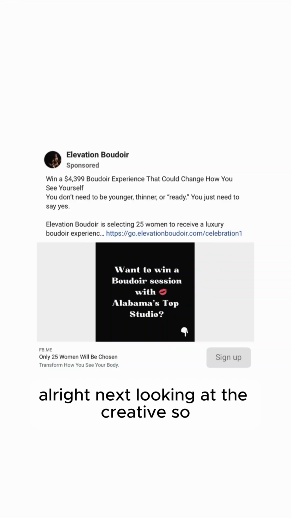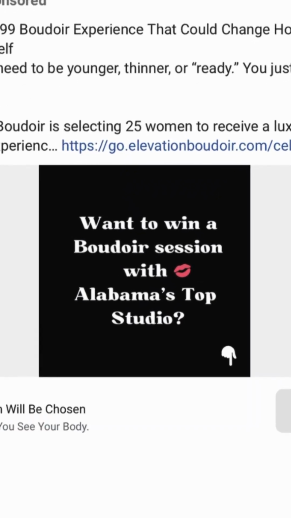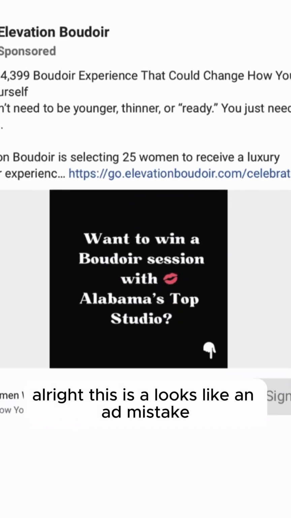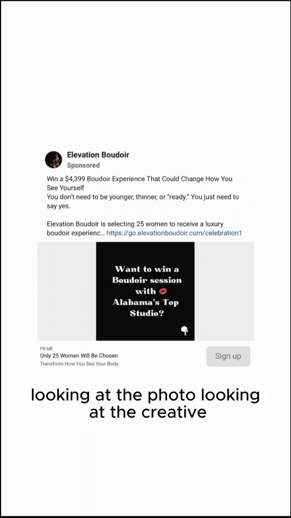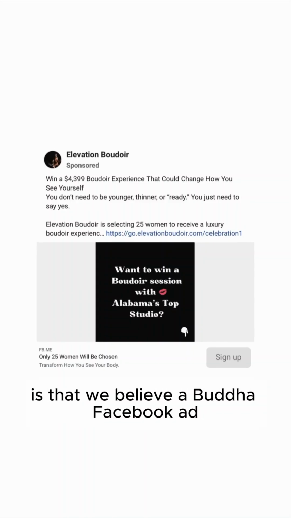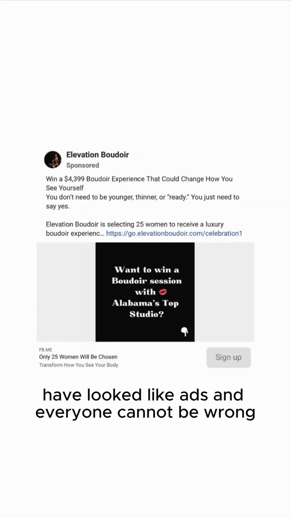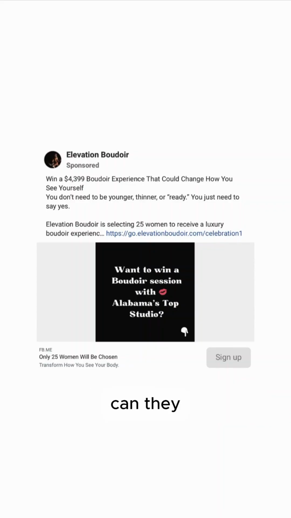All right, next, looking at the creative. Looks like an ad mistake. Looking at the photo, looking at the creative. The false belief that caused us to make this mistake is that we believe a boudoir Facebook ad should look like an ad, because all the other boudoir Facebook ads we've seen have looked like ads, and everyone cannot be wrong, can they?